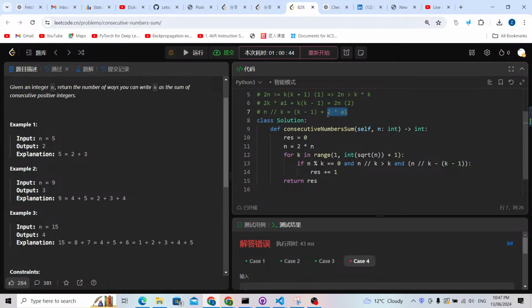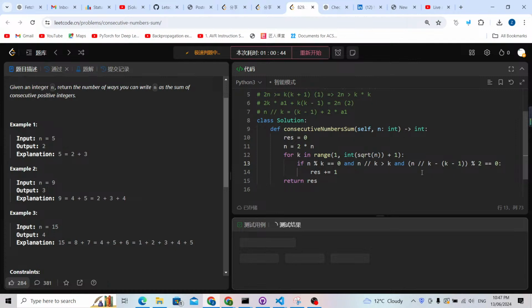Basically, this is an even number, no matter whether a1 equals 1, 2, or 3. So if it is modular 2, because it is an even number, it's going to be 0. Now let me run it to check.